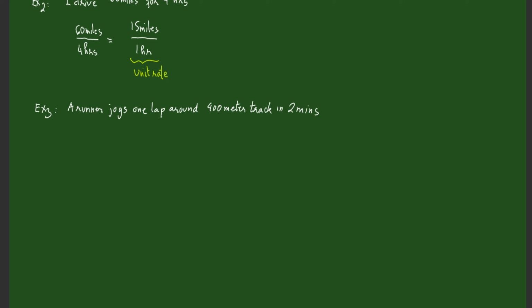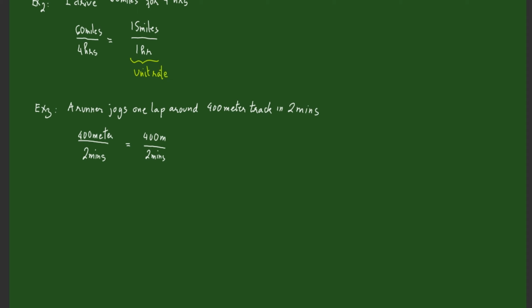So we can set up the rate like this: 400 meters over 2 minutes. Okay, so this is the rate, and that's the unit.